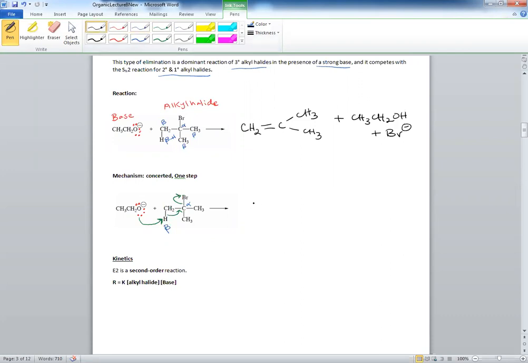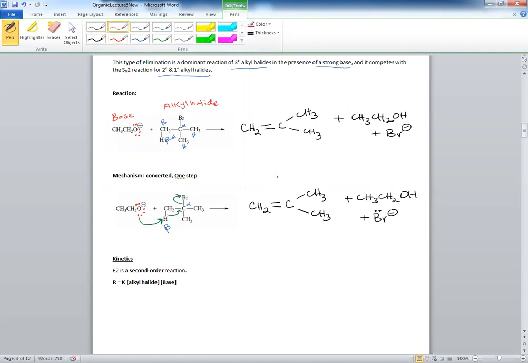So therefore, our product is CH2, here's a double bond, CH3 and CH3. As I said, we have the conjugate acid of the base. Of course, we have Br minus, and you can put the lone pairs on it.